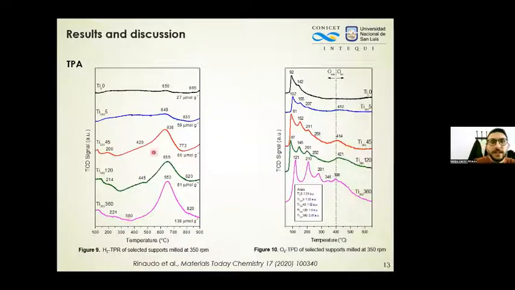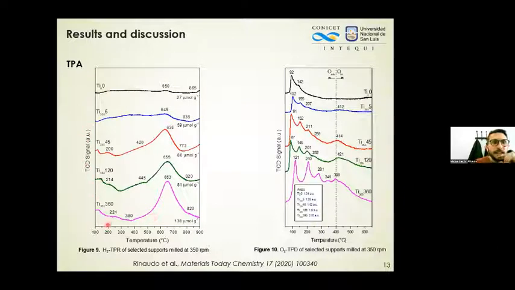And then finally we performed some temperature-programmed analysis, the reducibility of the materials was evaluated, and we obtained a higher reducibility starting from this material. We could observe the signals associated with titanium dioxide in the bulk reducing at higher temperatures with these values here.